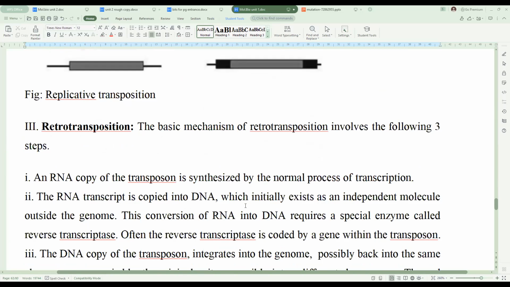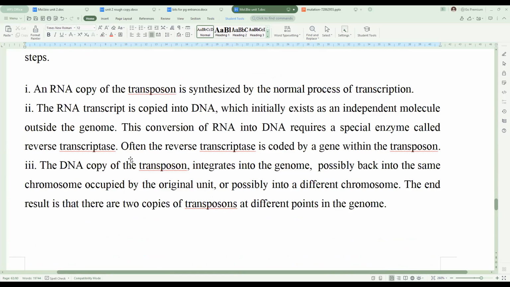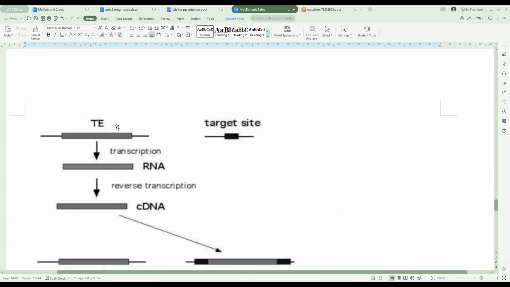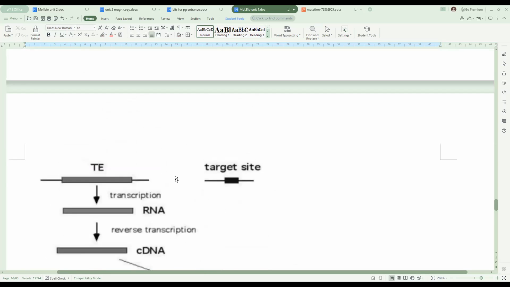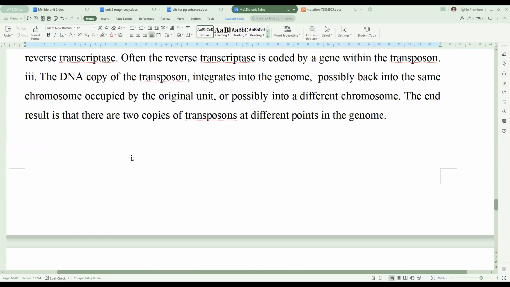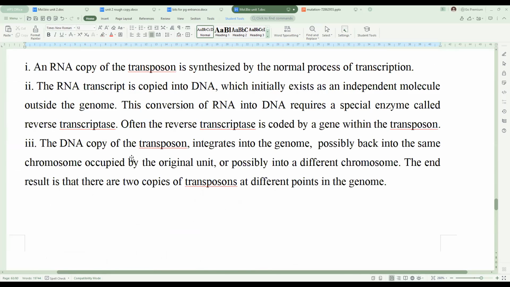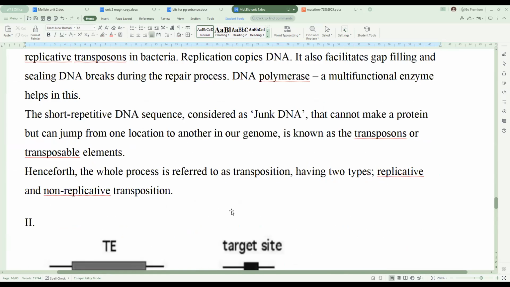Next, retrotransposition. Retrotransposition means this DNA is transcribed to RNA, then reverse transcribed to DNA, and then it goes and sits in the target site. Here also, the donor site will have the transposon and the target site will also have the transposon.